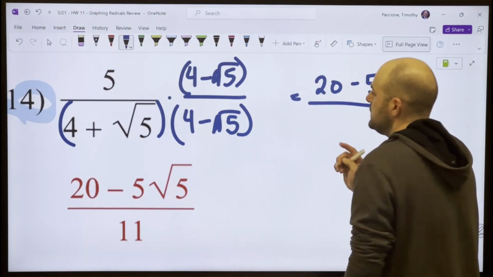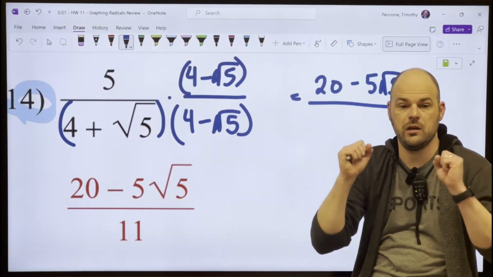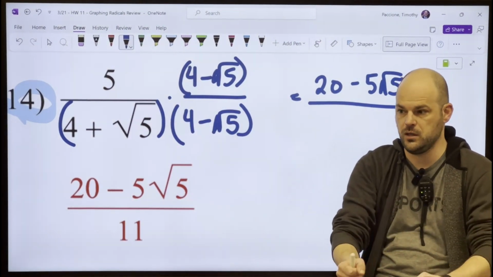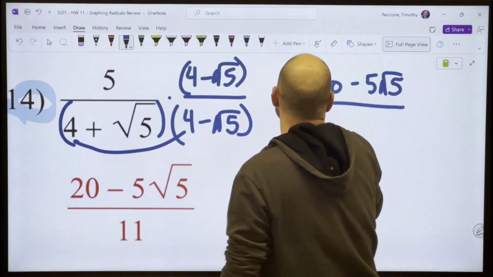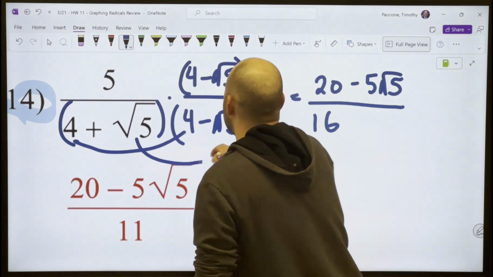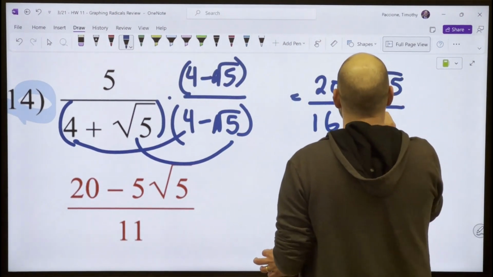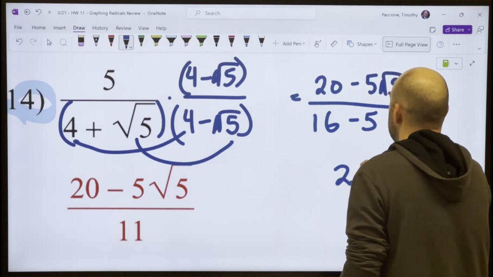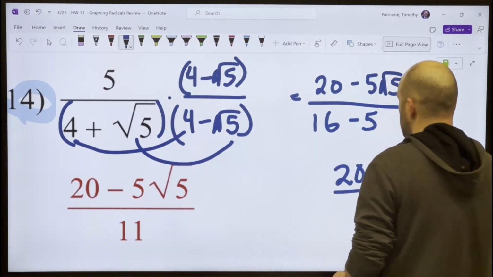On the bottom, this is why we have conjugate pairs, so we don't need FOIL. We can get rid of the OI. We just do F and L, right? So 4 times 4 is 16. Square root of 5 times negative square root of 5 is minus 5. And that gives us 20 minus 5 square root of 5 over 11.